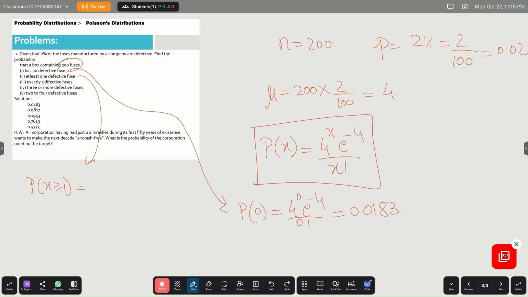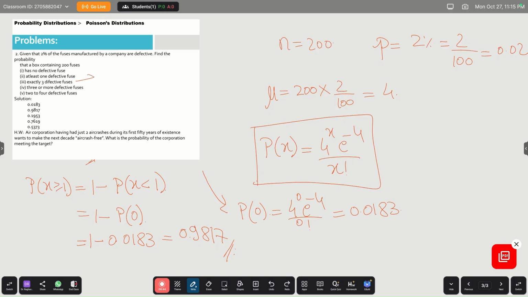So instead of calculating 1 to 200, you can go for the complement. 1 minus P of x less than 1. Less than 1 means 1 minus P of, only one value is there which is less than 1, which is P of 0. So it's 1 minus 0.0183, which comes out to be 0.9817.